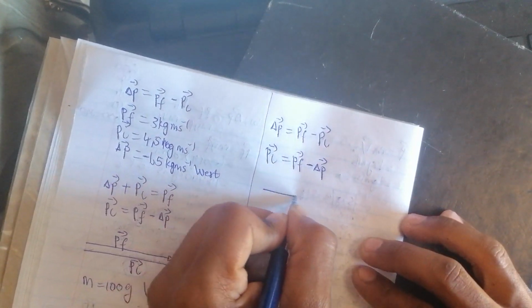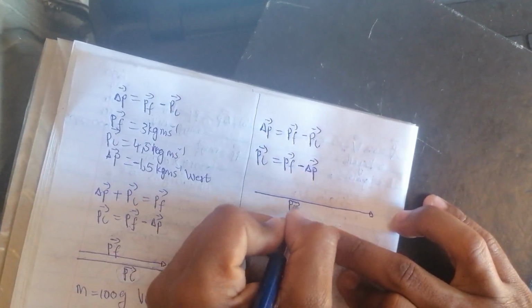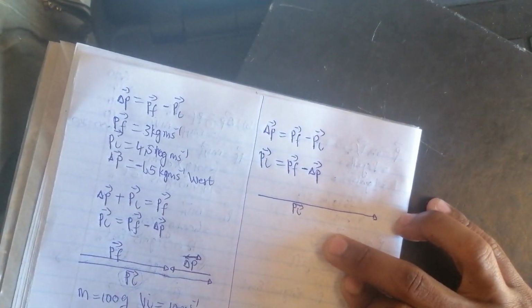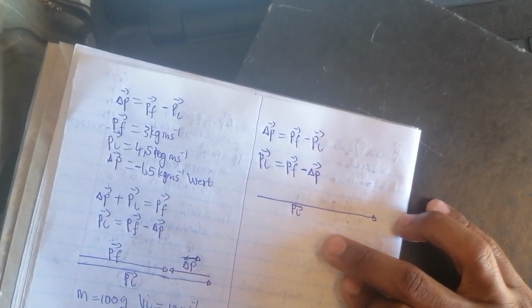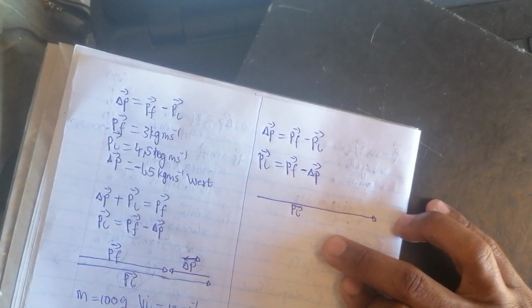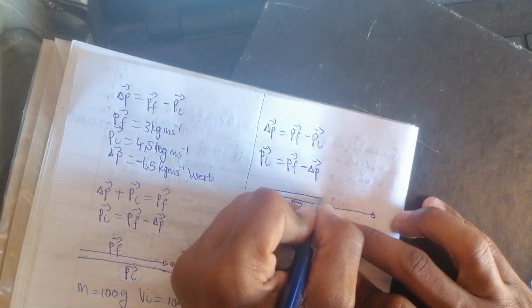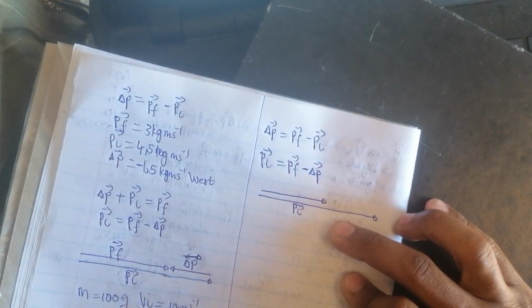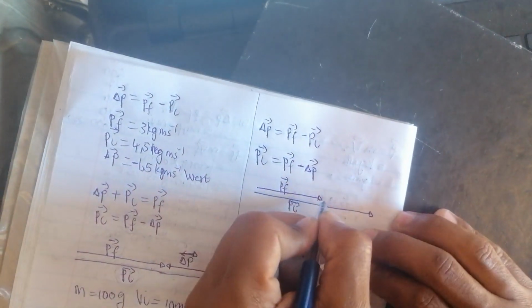So we have the initial momentum, there it is, and then we have the final. So the final is negative 0.8, and the change is negative 1.8. So obviously negative 0.8 is bigger than negative 1.8, so that one would be bigger, which is the final. So this would be final momentum.